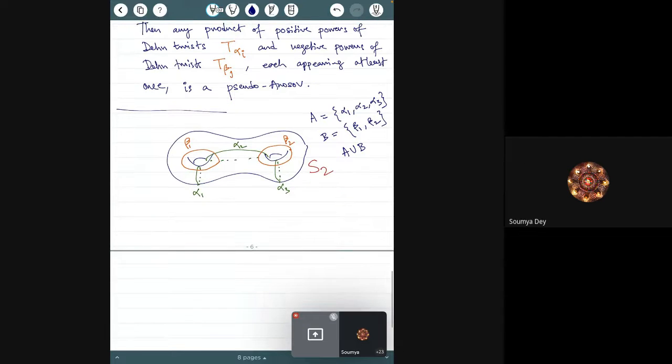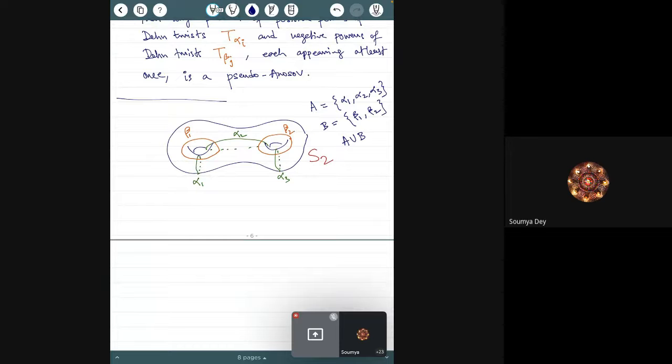I have not thought about this, so let me do it in front of you. If you remove this alpha 1, what you will get is something like this. And also suppose you remove alpha 3 here. Now this beta 1 is still there.